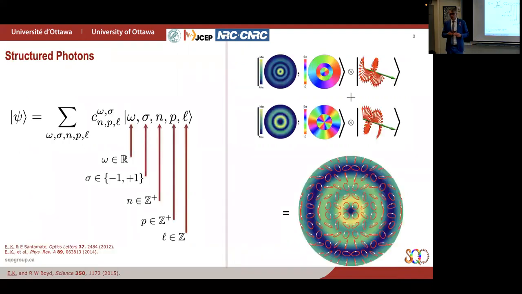Well, if you do the quantization, if you solve the Schrodinger equation or the Dirac equation or the paraxial wave equation, in any case, for massive or massless particles, what you will end up with is that the wave function, essentially for photons or for the electron, can be labeled by many different degrees of freedom. One of those degrees of freedom is the energy that you work with.